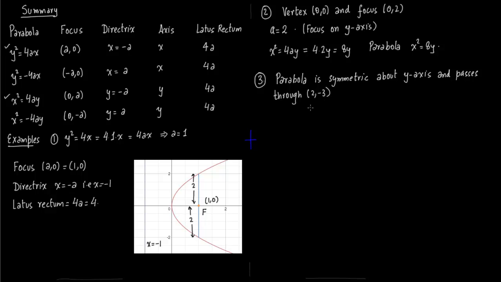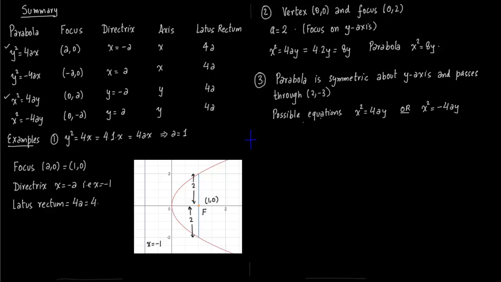So say a parabola is symmetric about the y-axis and passes through the point 2, -3. So the possible equations are, again as I said before, row 3 and row 4, precisely because in the axis column they both have the y-axis. So you have to talk about either x square equals to 4ay or x square is equal to -4ay. So we have to decide between these two.